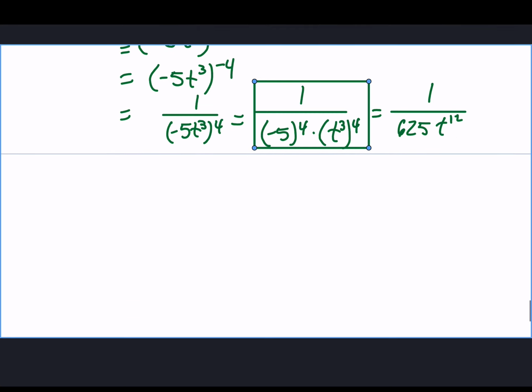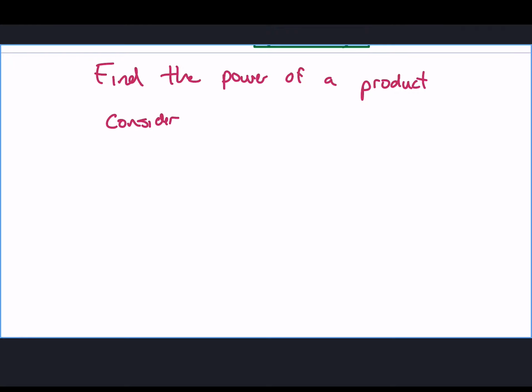All right. Let's talk about the power of a product. We want to find the power of a product. So we want to consider P times Q raised to the third power.